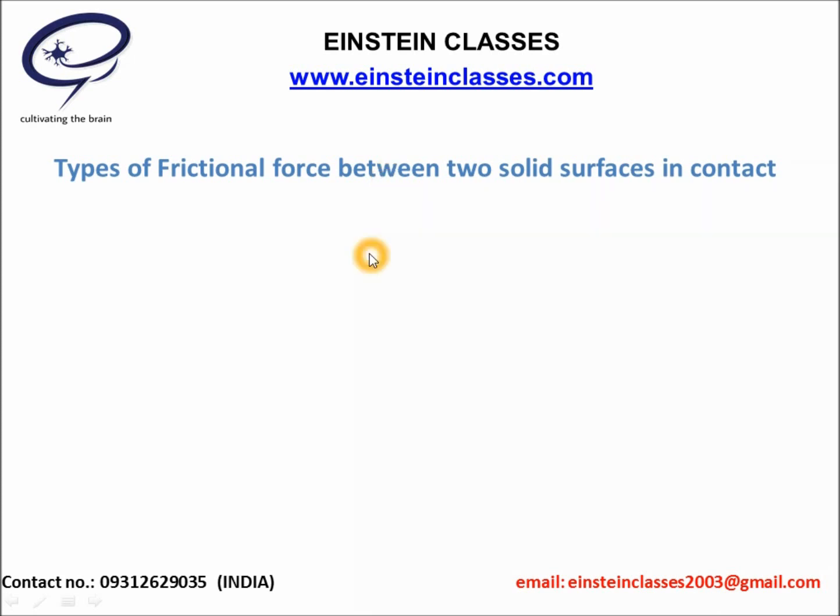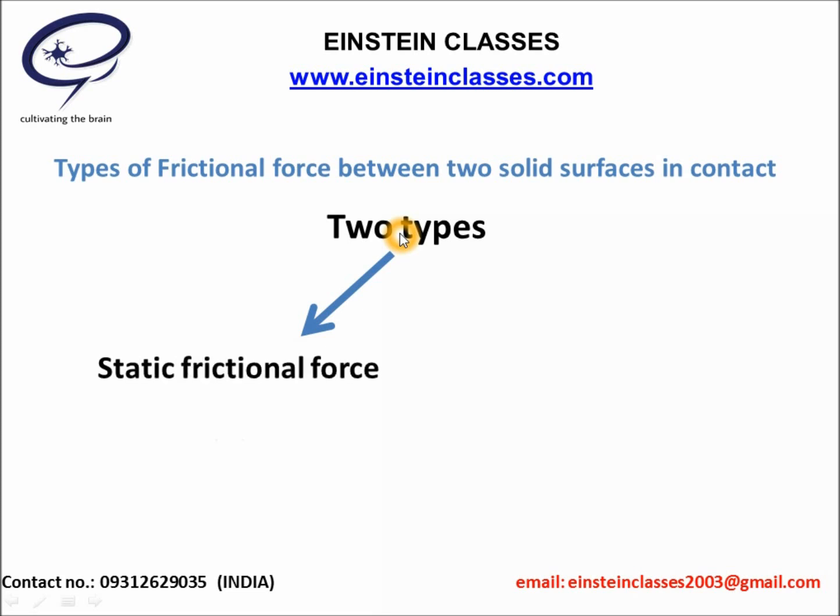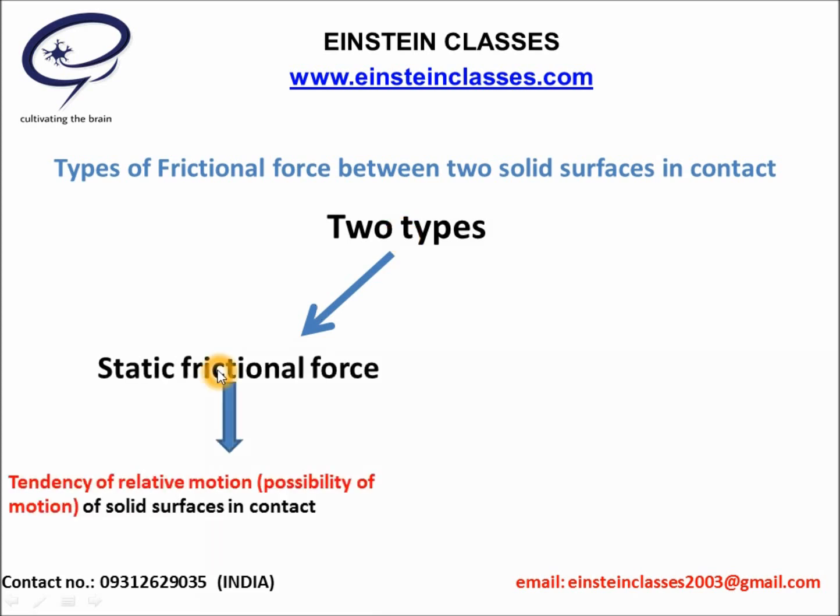As we have discussed in the previous session, there are two types of frictional force. One is called the static frictional force, and static frictional force will arise due to the tendency of relative motion or possibility of motion of solid surfaces in contact. This tendency will arise when a force is applied on the body but the body is not moving.